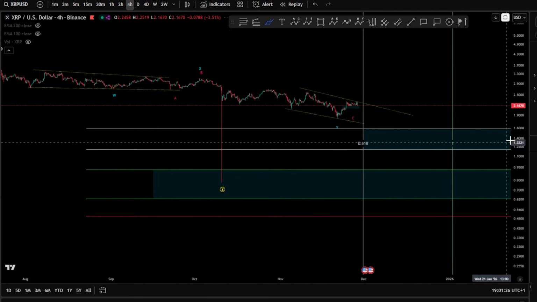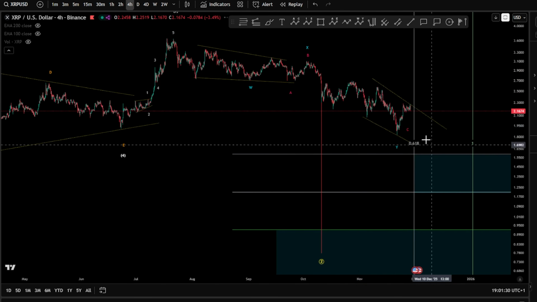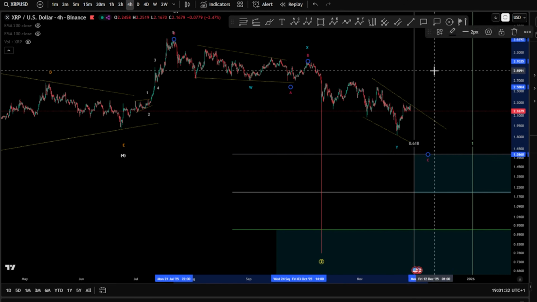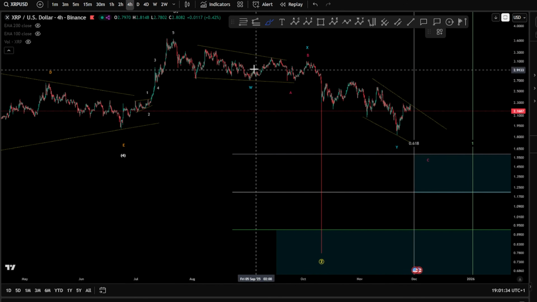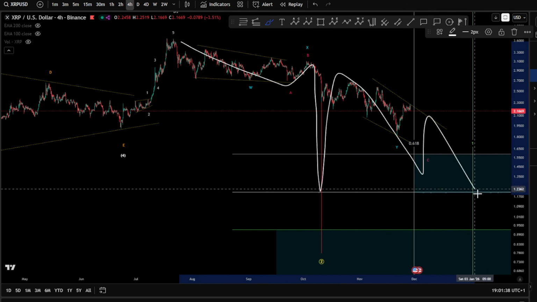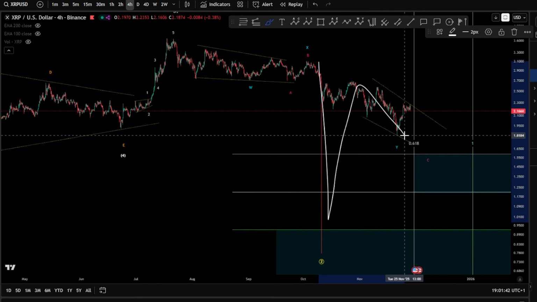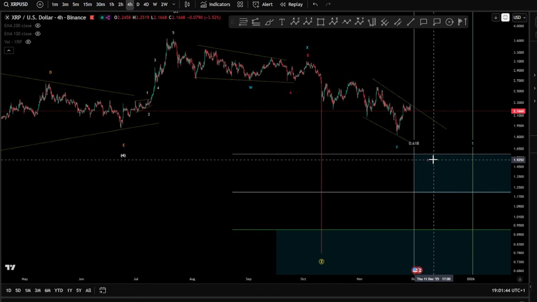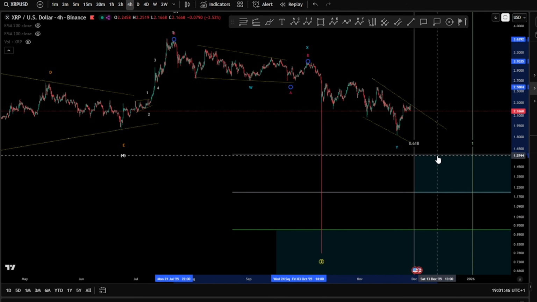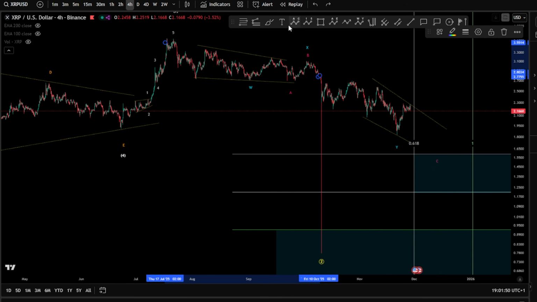Now, if we dive a little bit inside this scenario where we are looking here at a potential wave C to be done and finished, well, the wave C, therefore, if you are in an A, B, and a C, can be, as we mentioned, kind of like a diagonal, 1, 2, 3, 4, and a 5. So I'm still looking probably here for one more leg toward the downside, reaching the perfect fib time and the perfect fib level.